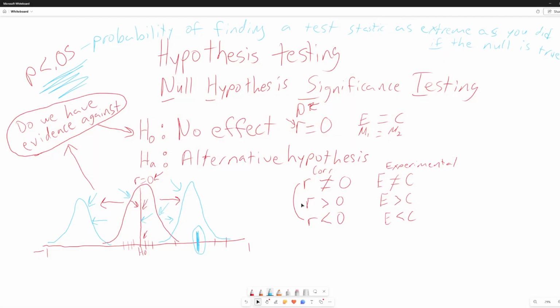Now we've heard these words, statistical significance. When is something significant? Well, something is significant when p is less than 0.05. So when your test statistic gets far enough away from 0 that your p-value, which is a probability again of finding a test statistic as extreme as you did if the null is actually true, is small.